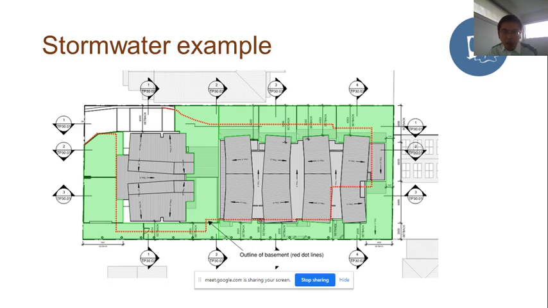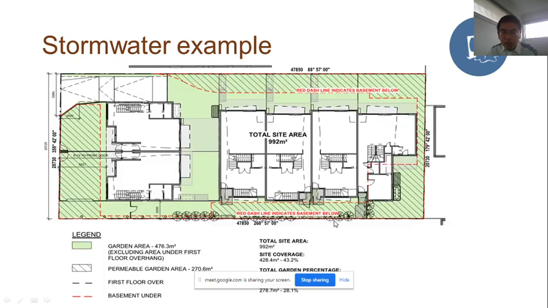Please note here, although the green highlighted area is vegetation area, we still have these red dotted lines, which is the outline of a basement below. So for this project, the permeability is not all the vegetated area.